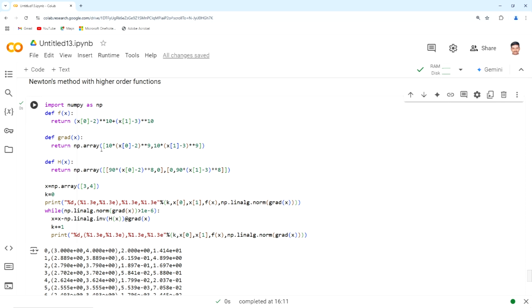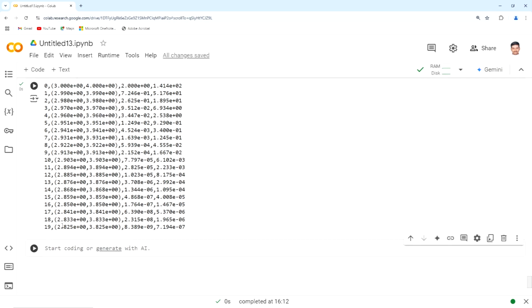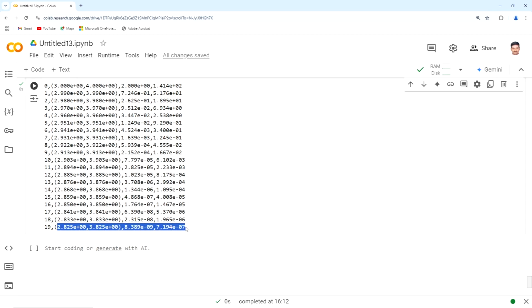Okay. Now, let me increase this to 100. And this will be 9900, this is 98, and this is 9900 and this is 98. Okay. Let us see how many steps it takes. Okay. It has increased and you can see that the answer is 2.825 and 3.825.